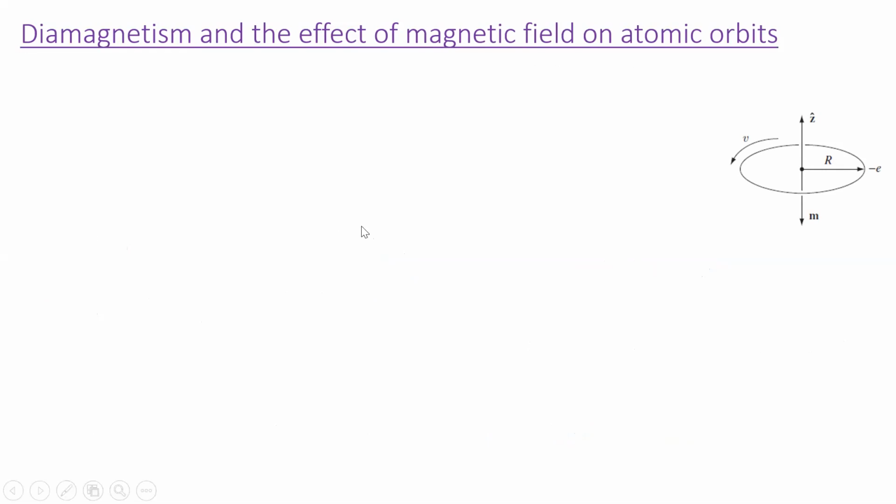It has the opposite effect. If we apply a magnetic field to a diamagnet, the magnetic moment increases in the opposite direction. And rather than being due to the effect of the magnetic field on electron spins, it's due to the effect of the magnetic field on atomic orbits.